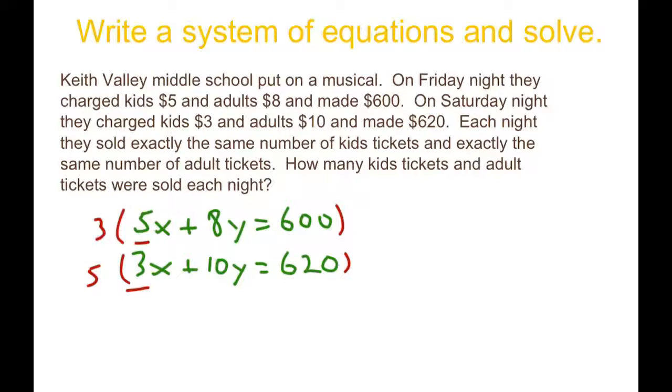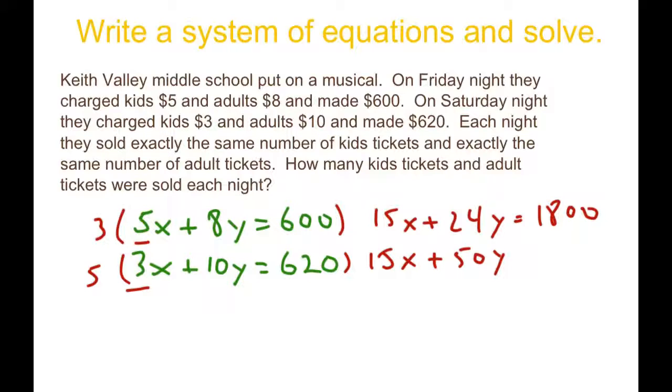When I multiply the top equation by 3, I get 15x plus 24y equals 1800. When I multiply the bottom equation by 5, I get 15x plus 50y equals 3100. Alright, so now I have a 15x and a 15x.